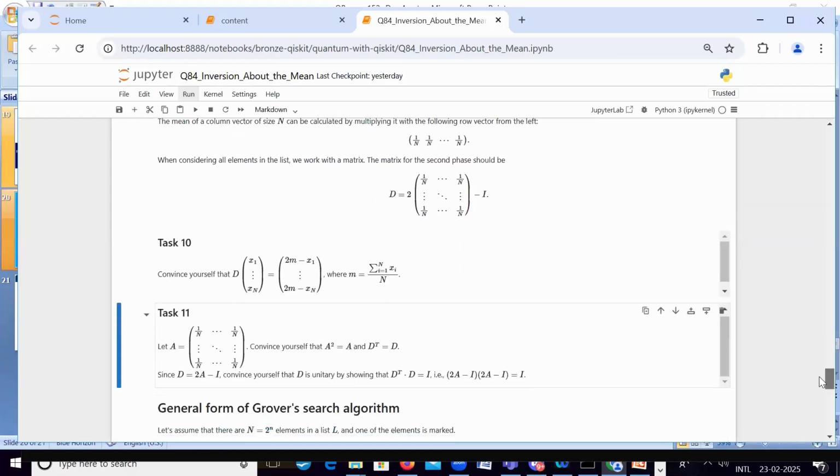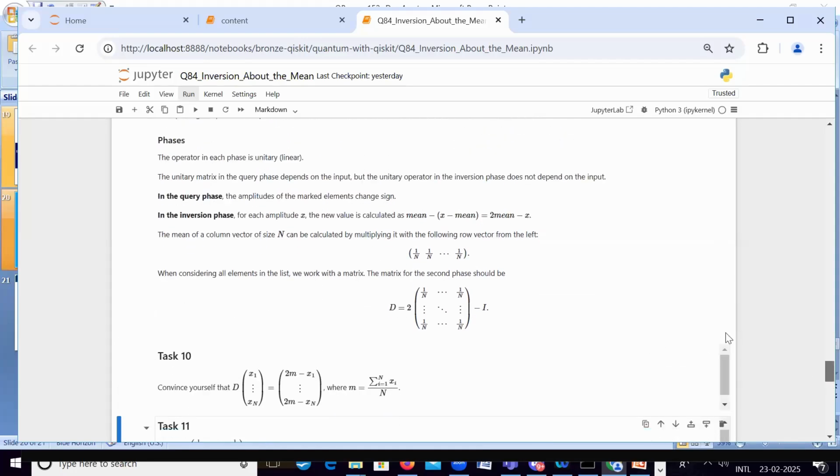Now we are coming to the task. Convince yourself of this condition, to satisfy the condition as per the inversion phase here, where mean minus x minus mean is equal to 2 mean minus x.